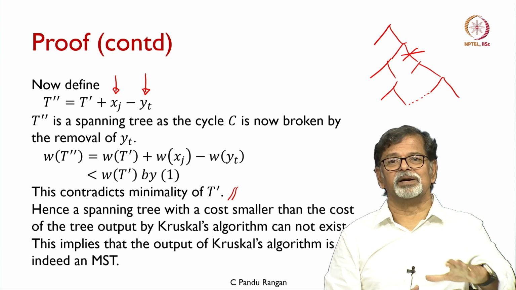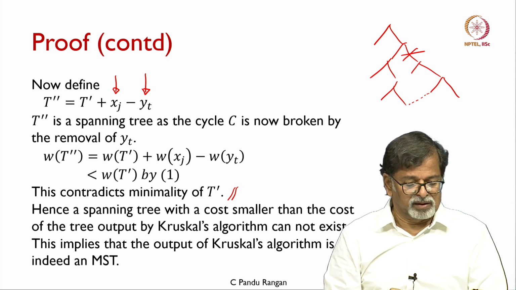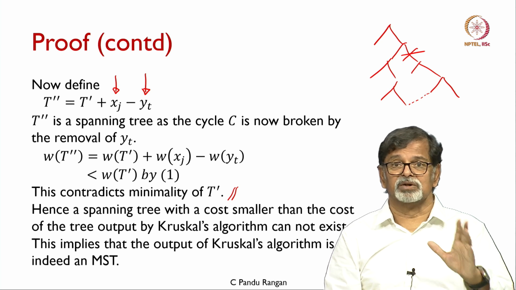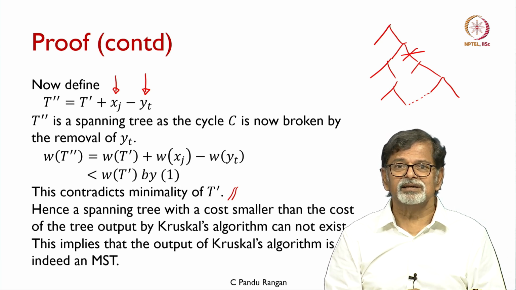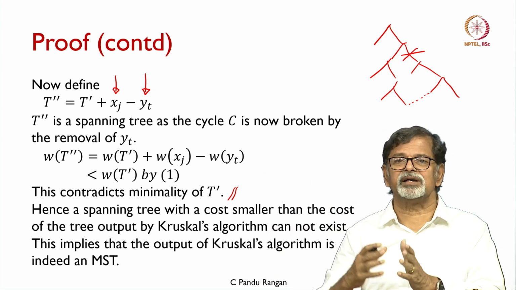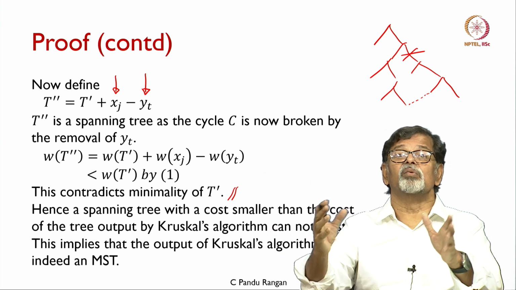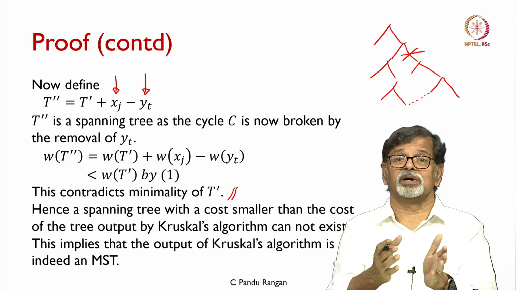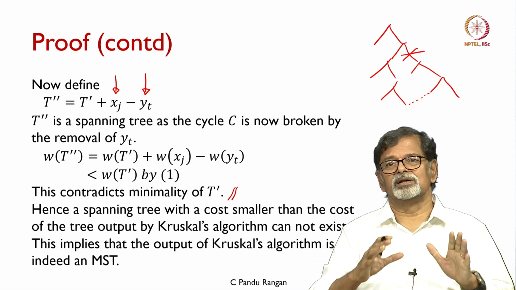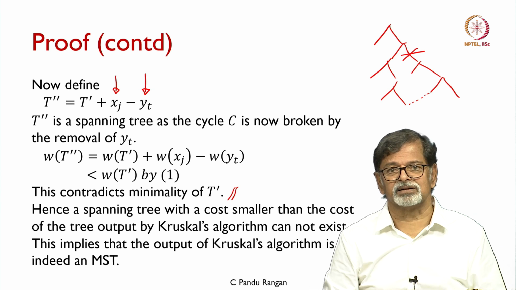Okay. This completes the proof that the algorithm works correctly, right. So, we keep on examining the edges in increasing order of their weight, include some and reject some. Whatever you have included is forming a minimum spanning tree. Therefore, it proves the correctness of the algorithm.